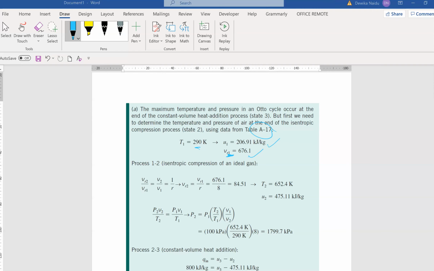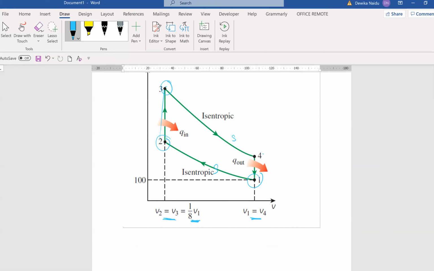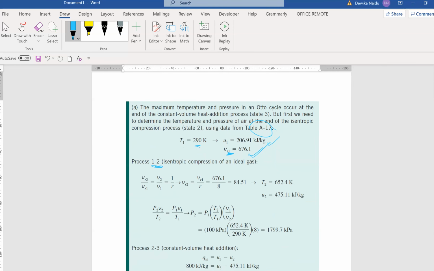In the table we have the ideal gas properties for air: the temperature T, H, then PR, and VR, and also U. Once we have the VR value, keep it aside. We know process 1 to 2 is isentropic, which means the entropy is the same.